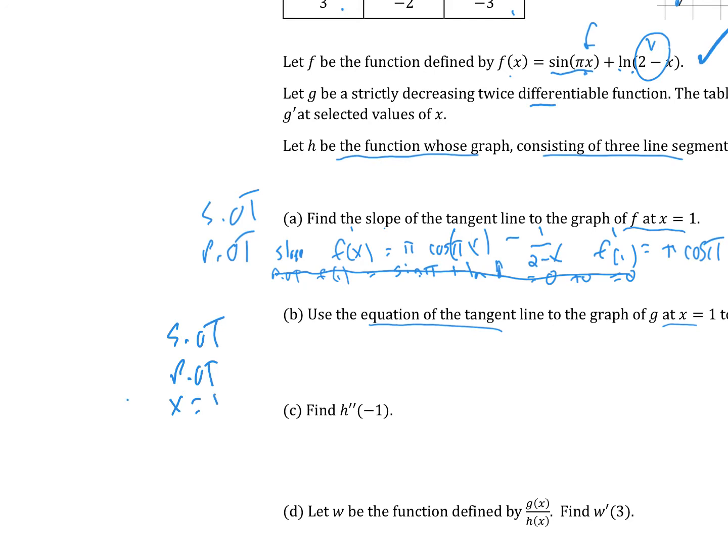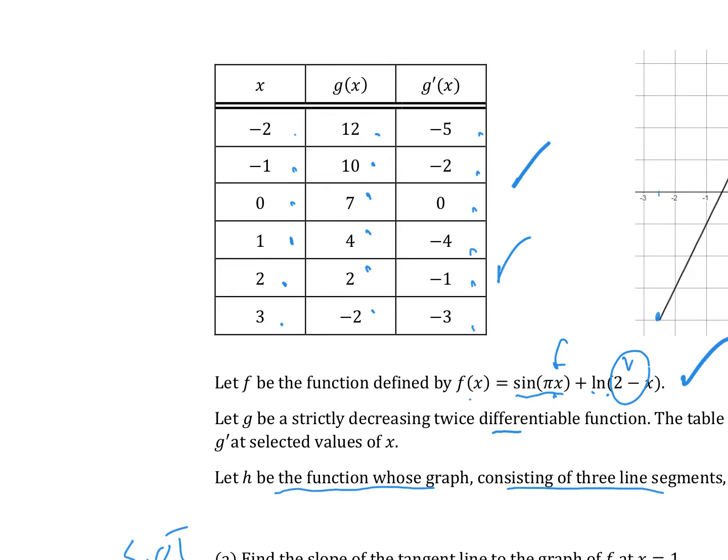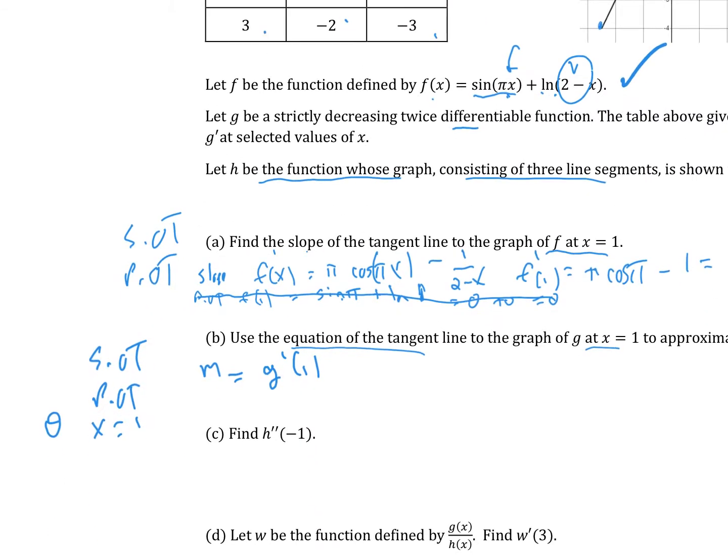Okay, so let's do the slope, m. Since we're talking about g, that would be g prime at 1. So I go up to the table, and I find g prime at 1 is a negative 4. So that part's done.